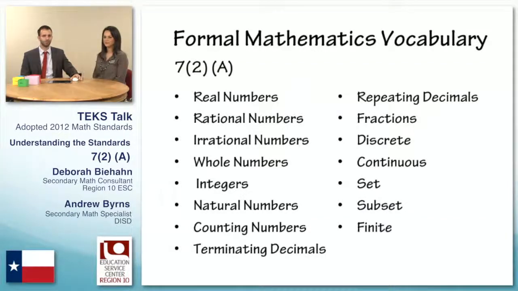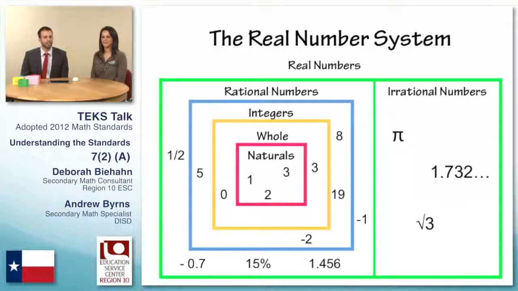Lots of vocabulary for that one standard. In the standard, it says that you need to be able to show visual representations describing all of the sets and subsets. And so here's a great one to use that shows the relationship among all of these that you see.